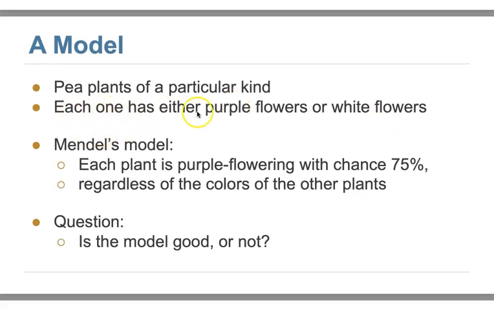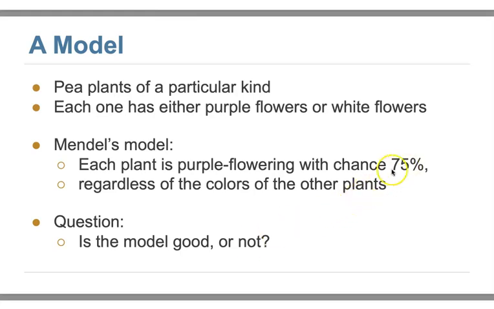Each one has either purple flowers or white flowers. Mendel's model is that each plant is purple flowering with a chance of 75%, regardless of the color of other plants. Our question, of course, is whether this model is good or not.